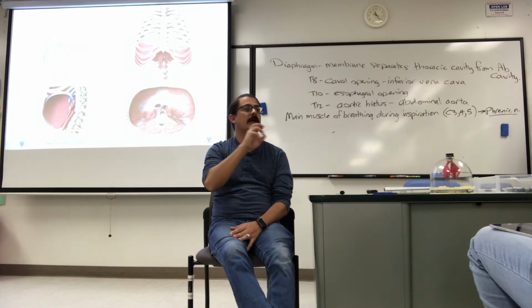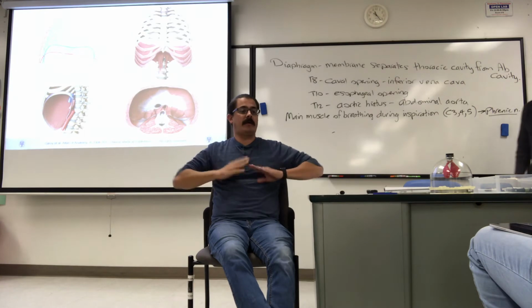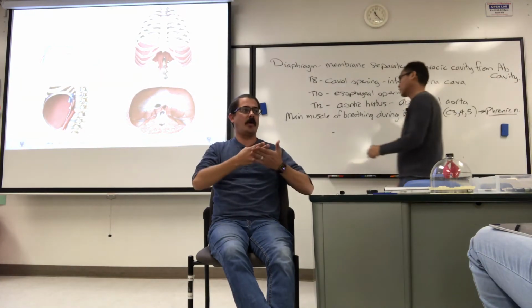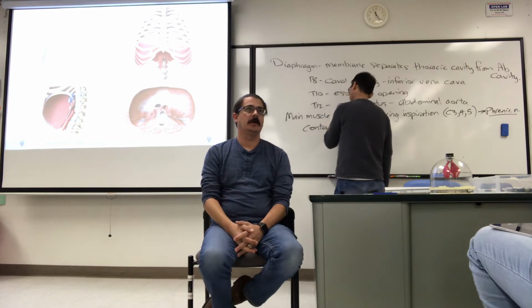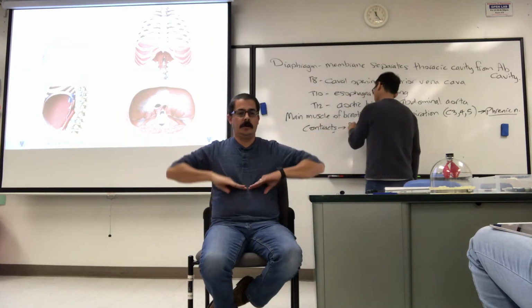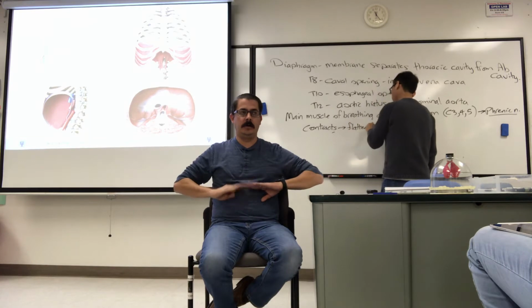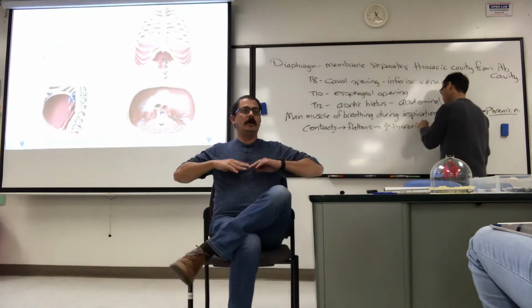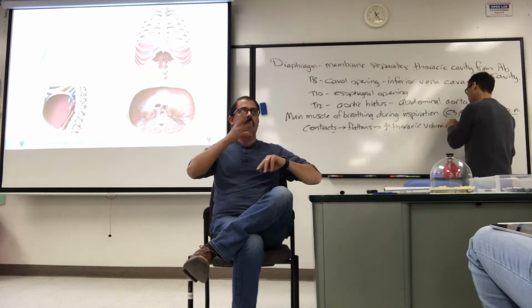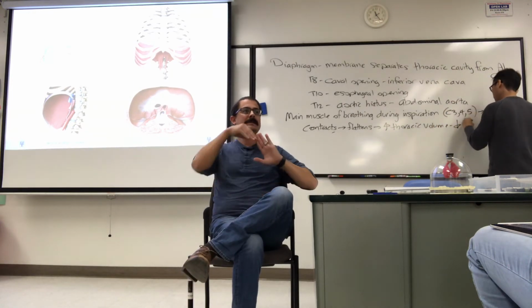So the diaphragm contracts, it flattens, it increases the thoracic volume to draw air into the lungs. So it contracts. That's its function. Flattens. Increase thoracic volume. At the very same time, you decrease intrapulmonary pressure.